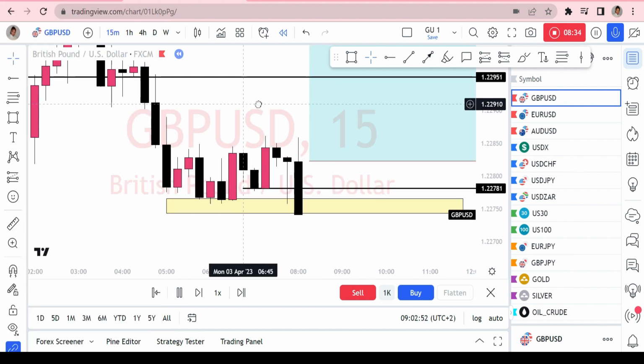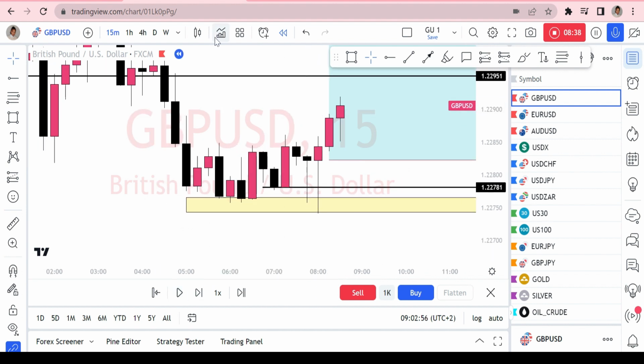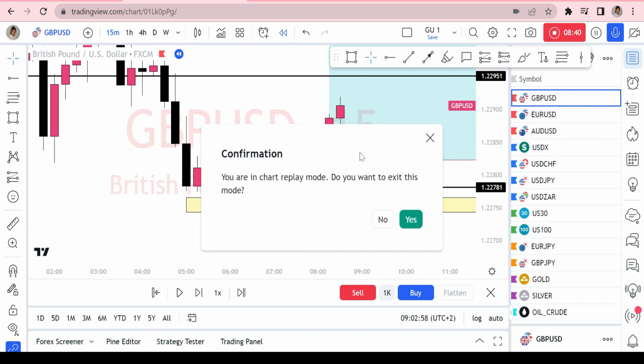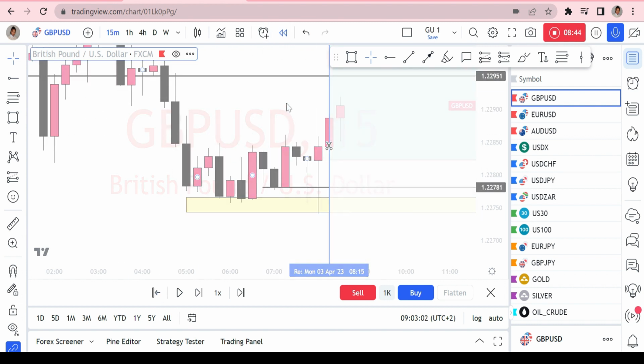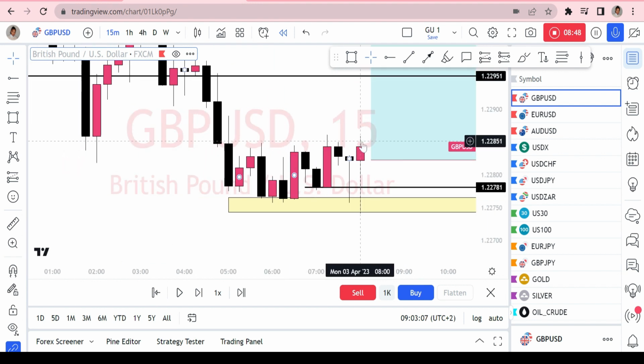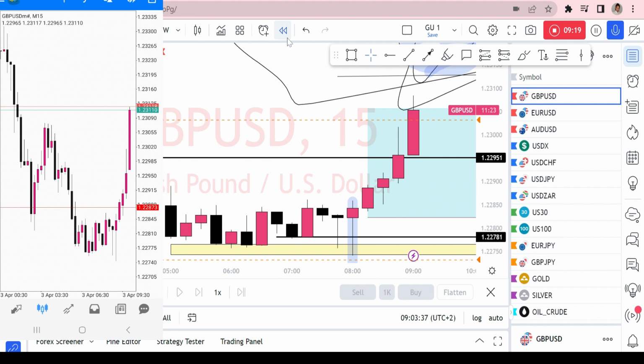And then this is what happened. Immediately after this candlestick closed, that's when I decided, you know what, I'm entering. I'm lying, I actually entered during this candlestick here, this one that I'm gonna highlight. So basically that's what happened, guys.